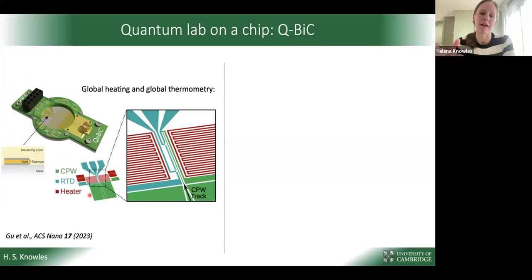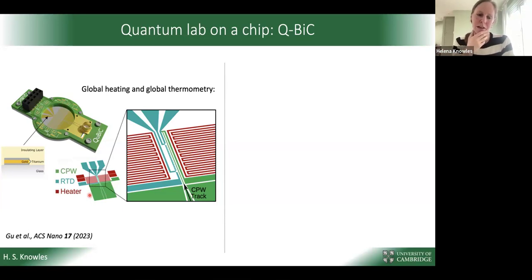And then we have a global heater and a thermometer as well, because we want to be able to step the temperature, control the temperature on a fast, minute time scale in a very reproducible way, and measure that on a global scale and compare that with what the nanodiamond is telling us is happening at the nanometer scale.